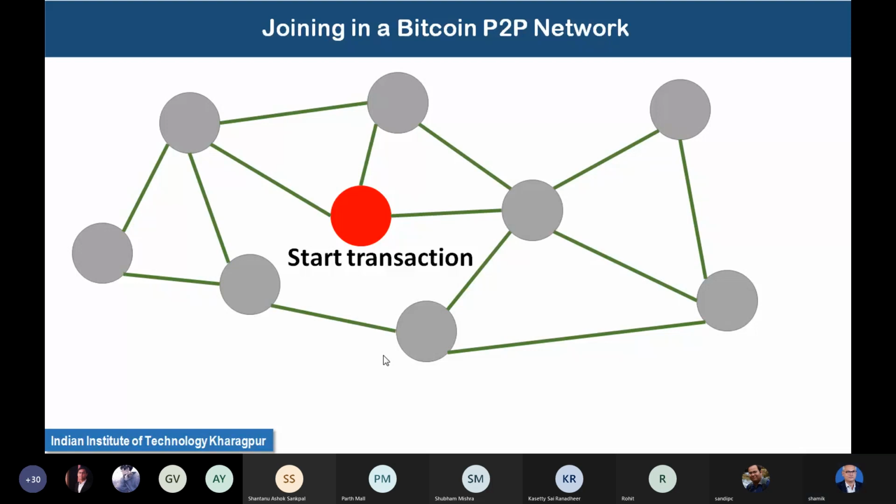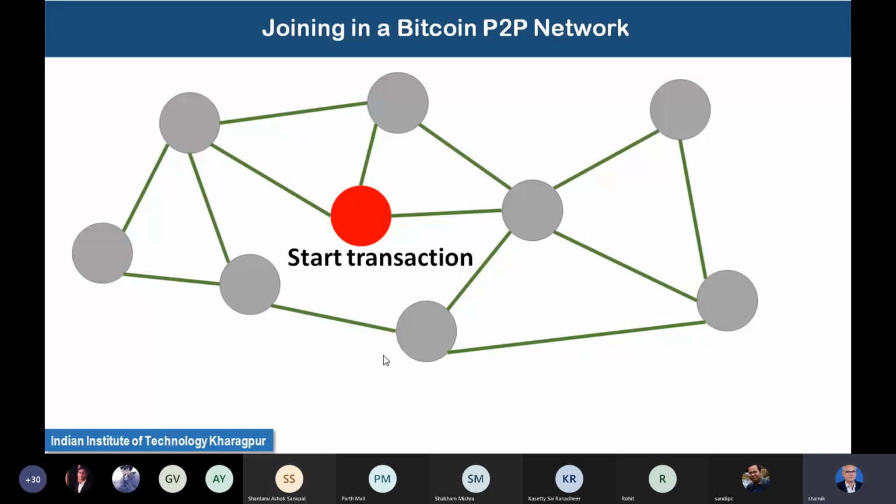Now, if you intend to start a transaction, then of course you first have to get some Bitcoin and then you will be able to spend it. So this is how we join a Bitcoin P2P network. Once you have joined, you have got your peers, and now you are in a position to carry out transactions.